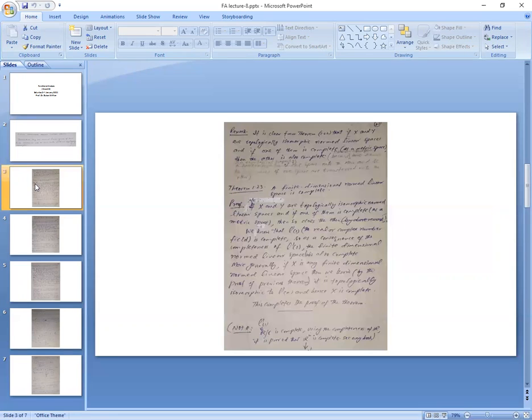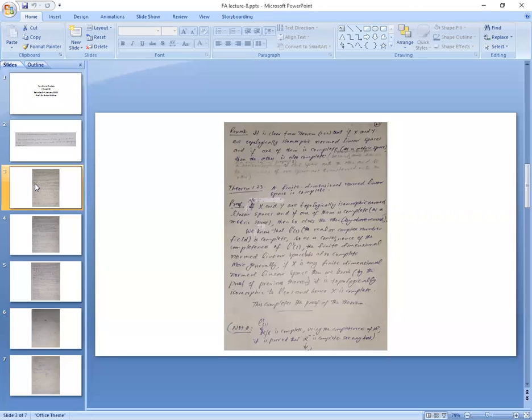Next, we move to another slide. It is a remark on this result. By this result, any two spaces of the same finite dimension are topologically isomorphic.